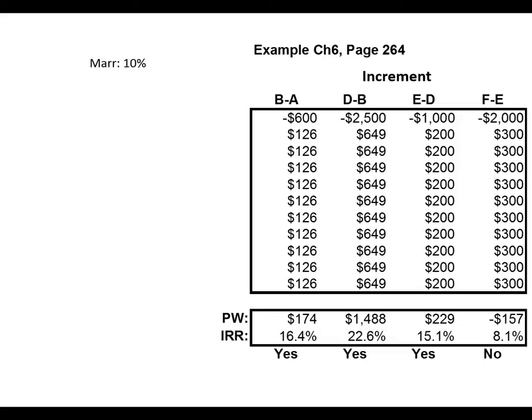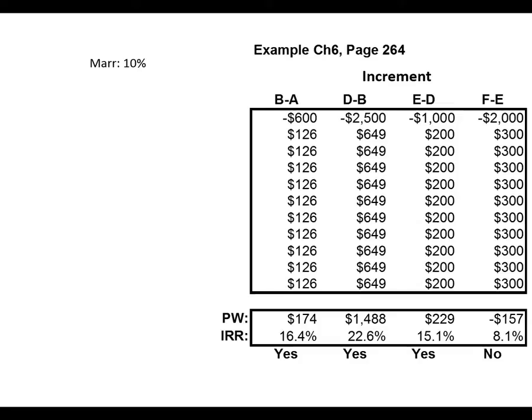So go ahead and do D, because that incremental cost, you spend an extra $2,500, but you get back a lot more than that. So it's definitely worth borrowing money from the bank at 10% so that you can make 22.6% on that additional $2,500 investment. That's a good investment. And so we say, yes, do D instead of B.